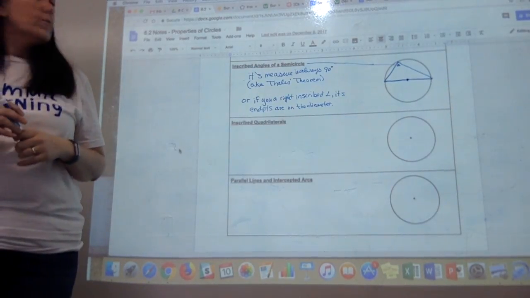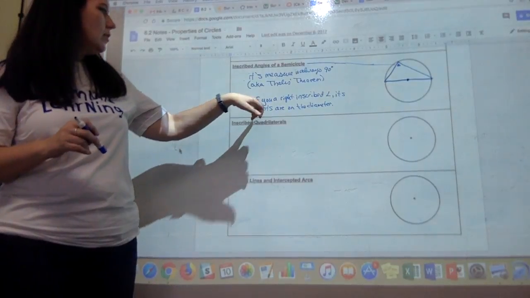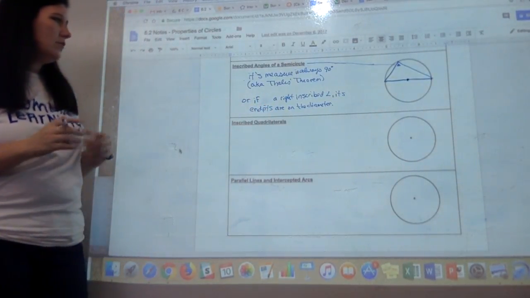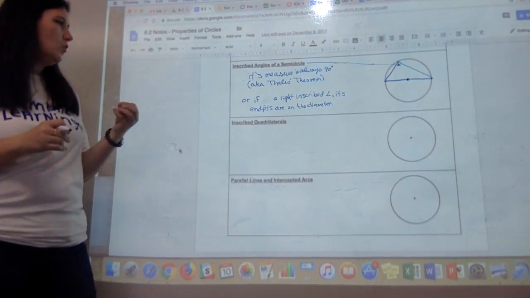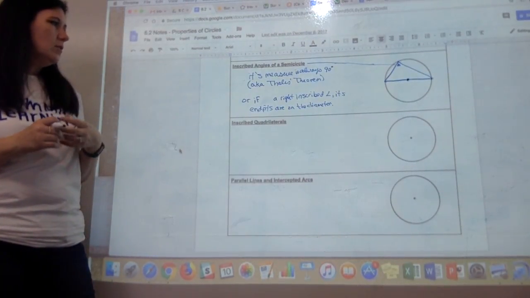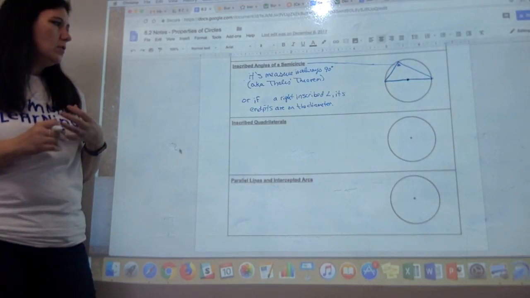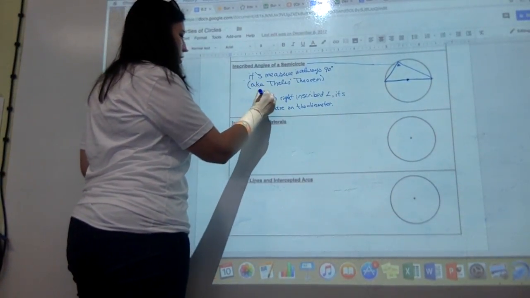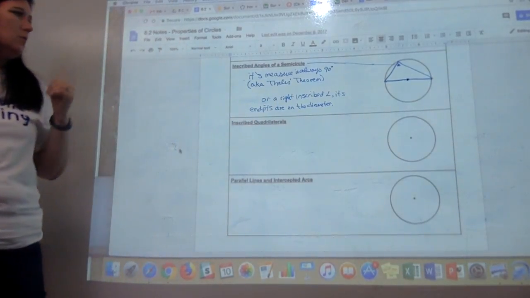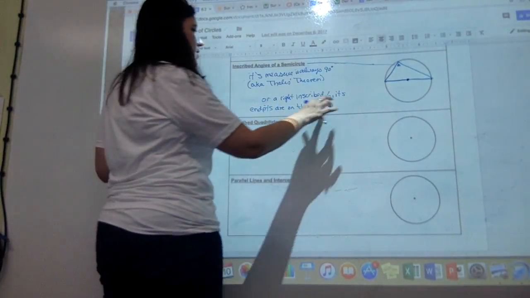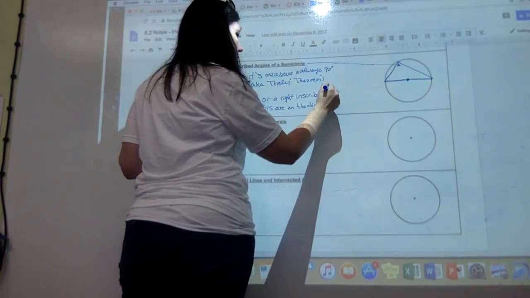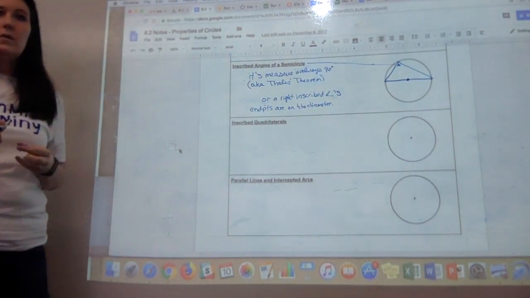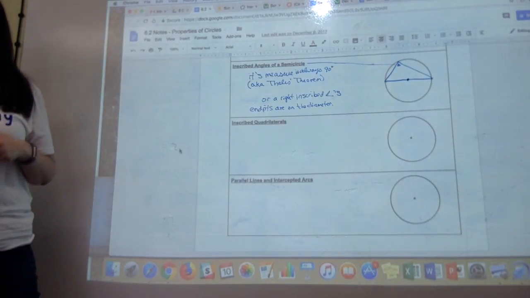You can just put, or a right inscribed angle's endpoints are there. Now, is that a rule? Are we going to have to prove that it's 90, or is it just accepted that it's always 90? It's accepted.